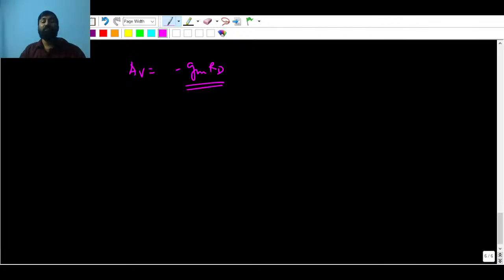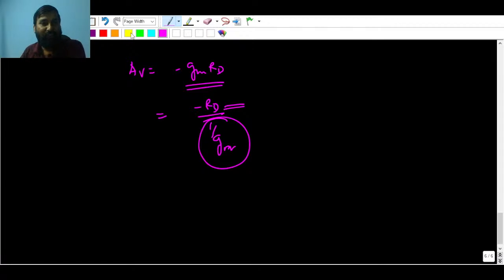You don't go further. If you go further, you can write this as rd upon 1 by gm. This is the resistance looking from the output to the ground, and this is the resistance looking from the source terminal.